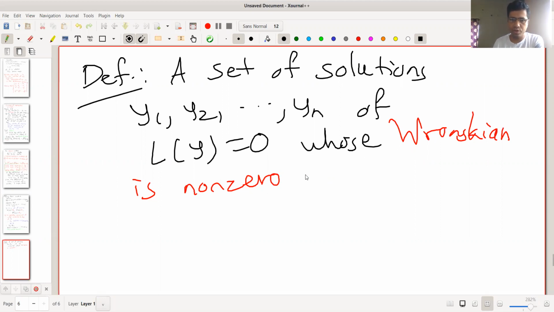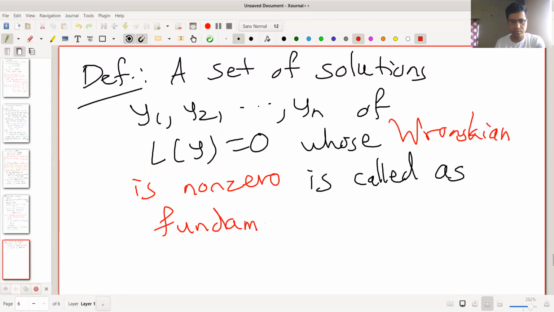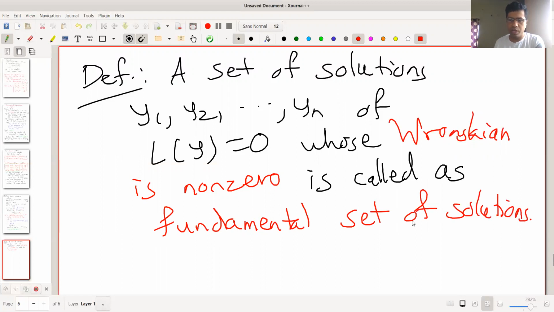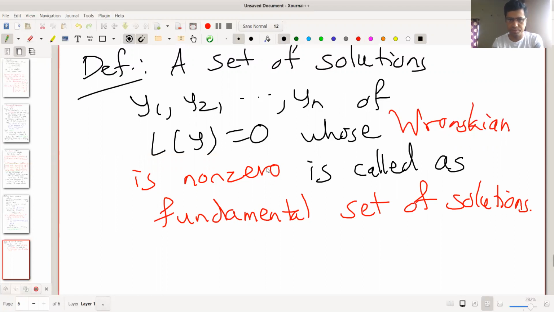So Wronskian is non-zero means at any point in the interval I, is called a fundamental set of solutions. It is fundamental because every solution can be expressed in terms of these functions.